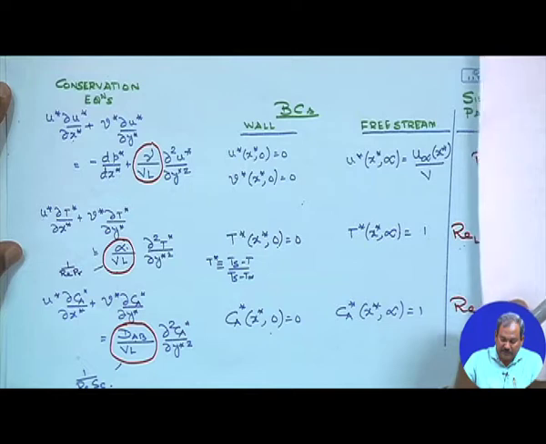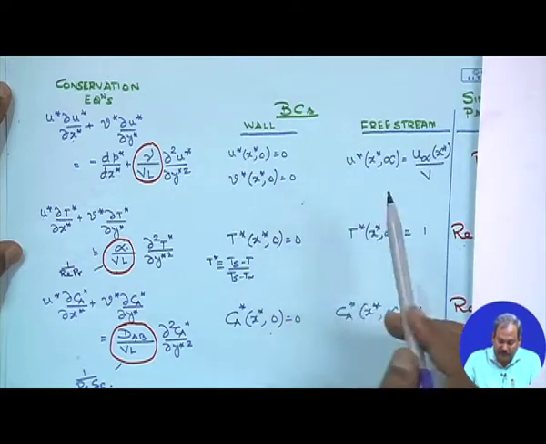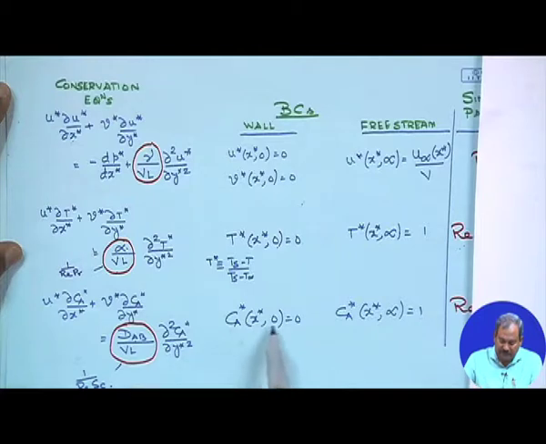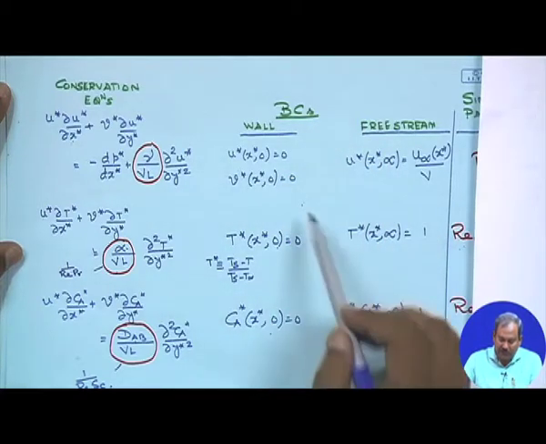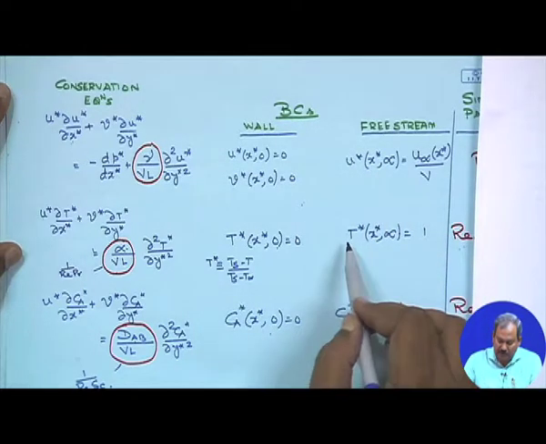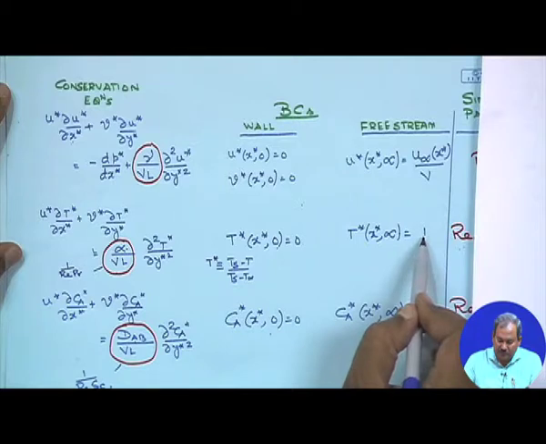Now, let us look at what happens to the boundary conditions. U star 0, T star 0, C star 0. So, at the wall the three boundary conditions are identical. At the free stream, C star is equal to 1, T star is equal to 1.